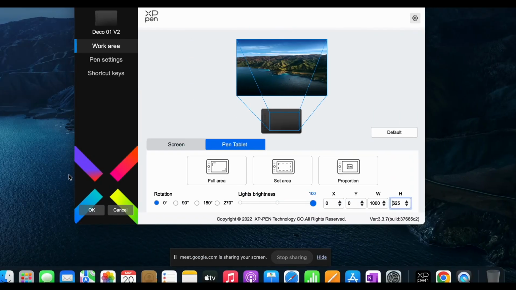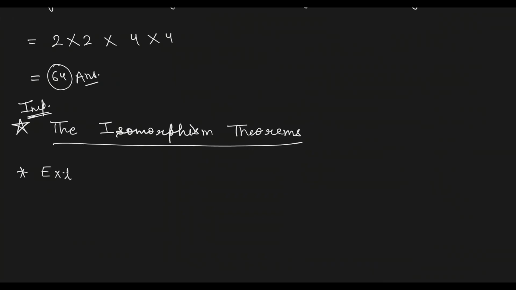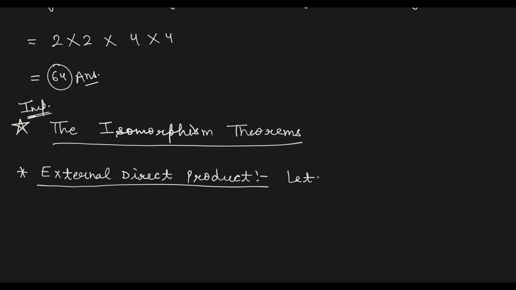External direct product. Let G1, G2, so on till Gn be a finite collection of groups.